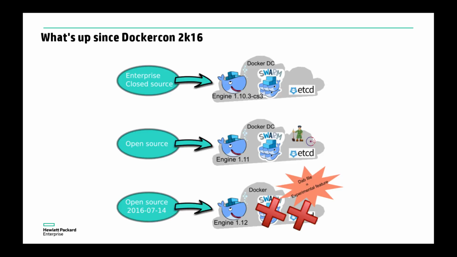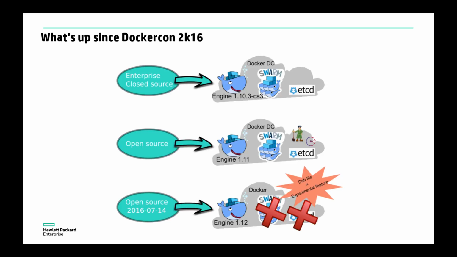To install that, it is based on containers, so we will have system containers in the solution to create our clusters. In the open source world, this is more or less the same. We have the engine 1.11, and we need of course the Swarm component, and as well a distributed key value store, which could be Zookeeper or Consul or etcd.